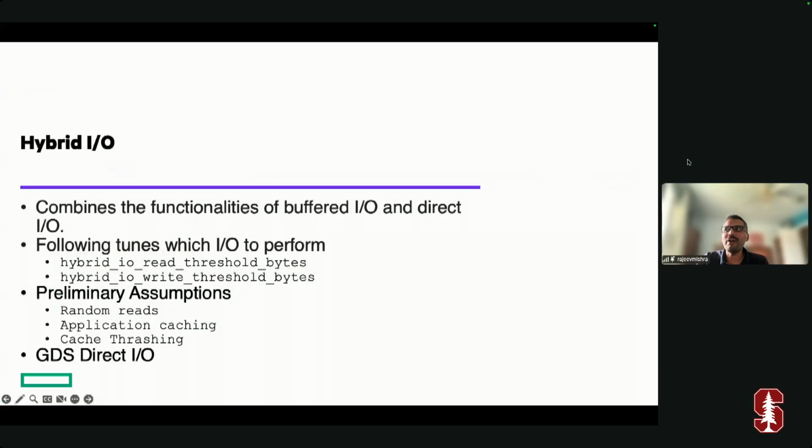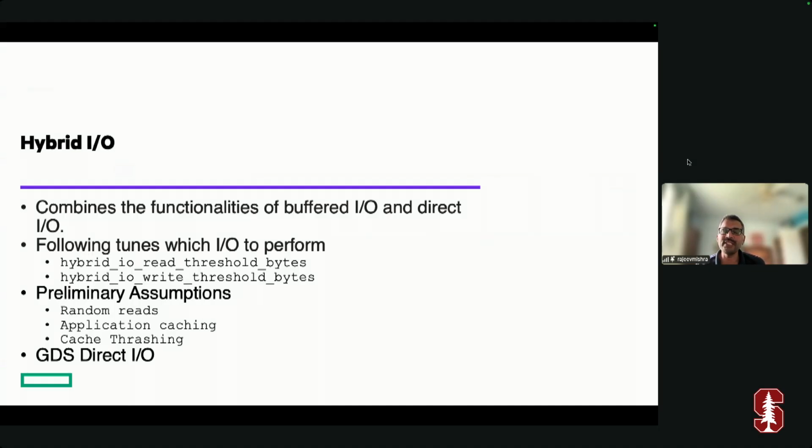Now I will go into hybrid IO and the thought process I had before I jumped into this experiment of hybrid IO and MLPerf workload. Hybrid IO, as you know, is basically a direct IO into the buffer of the application calling read, write, or whatever.